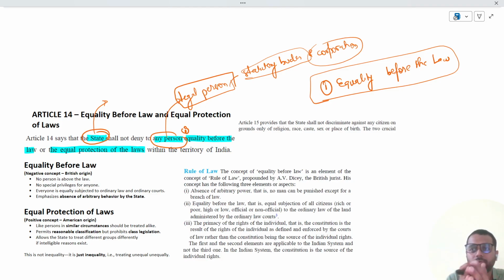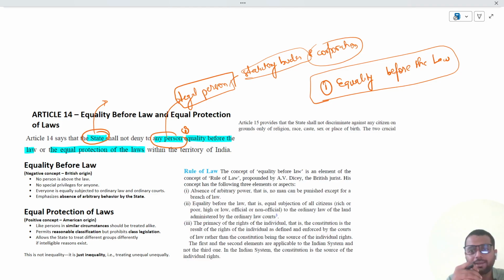So the process is the same whether you are an MLA or a common ordinary man, a man or a woman, rich or poor. There is no differentiating between citizens. Everybody before the law is equal. Obviously, there are some exceptions. Leave that aside, we will take that in the later part. But as of now, as a layman we can understand that if there is a law, the law should treat every citizen equally.